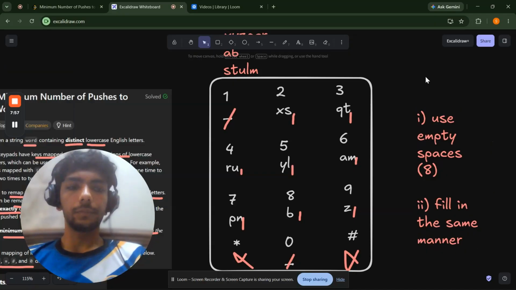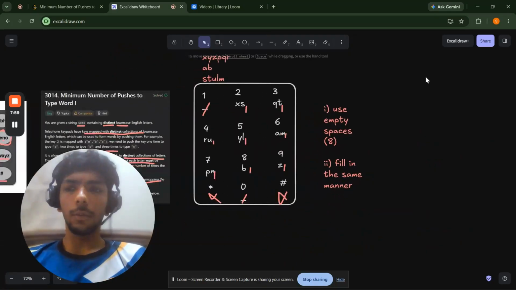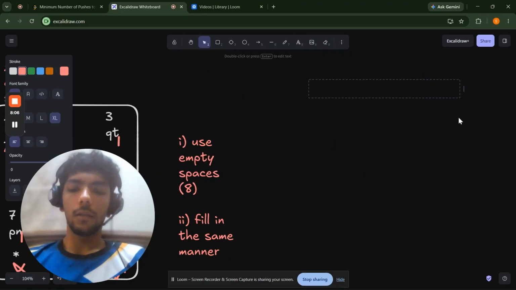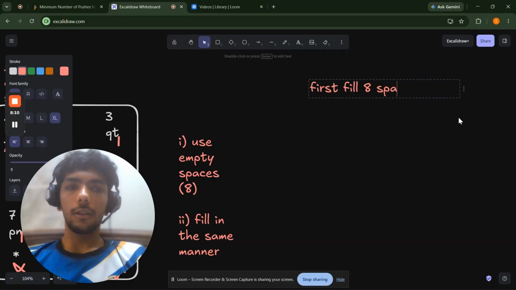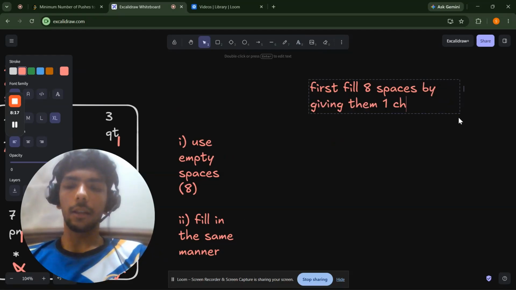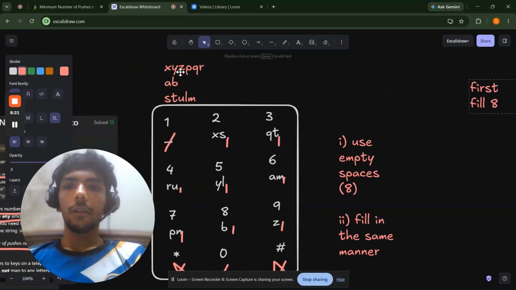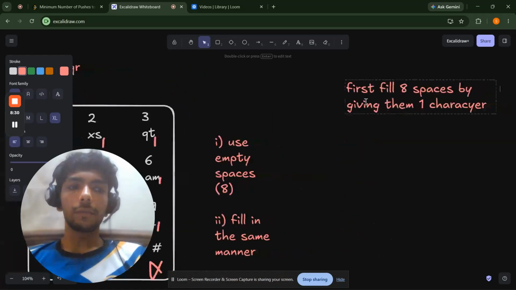To put it in mathematical terms, first fill 8 spaces by giving them one character. What we did was for the first 8 we give each of them one character, and then for the second 5 we give each of them one.